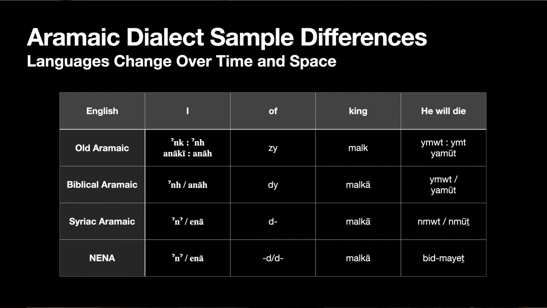So in Old Aramaic, you have Anaki, or Anoki maybe, but probably Anoki with a long A. Or we have Ana, and Ana persists into Biblical Aramaic. Something similar in Syriac, it's spelled a little differently. Instead of a hey at the end, it's spelled with an aleph. So we have Ena or Eno. And in the modern dialects, we have Ana or Ono.